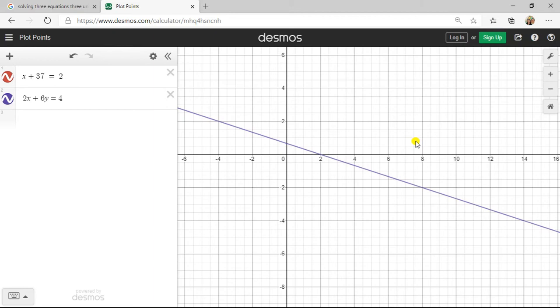So that's why we have infinitely many solutions for this example.